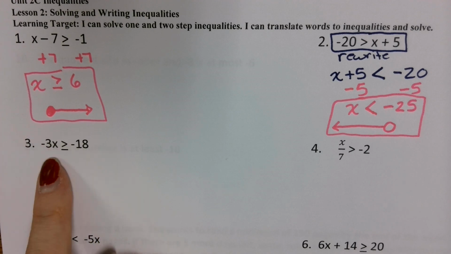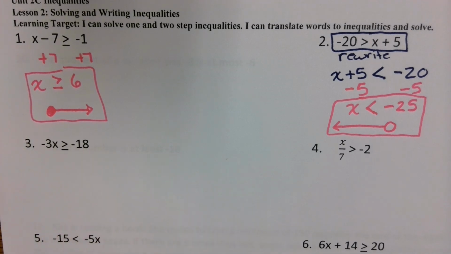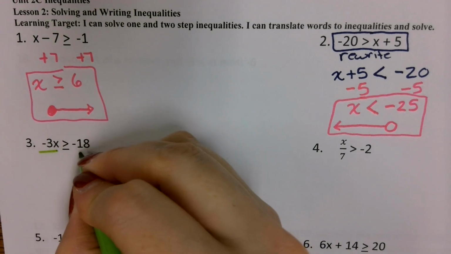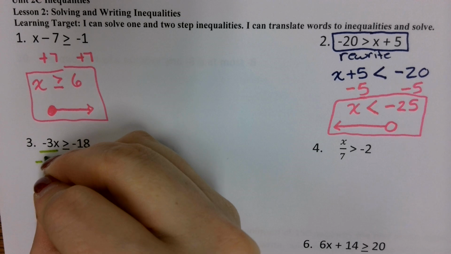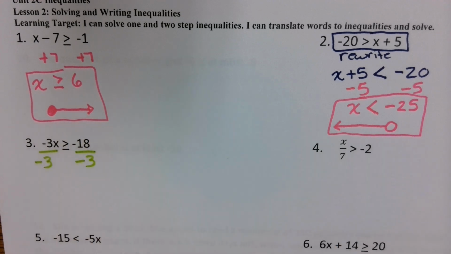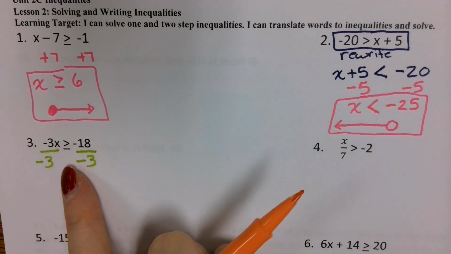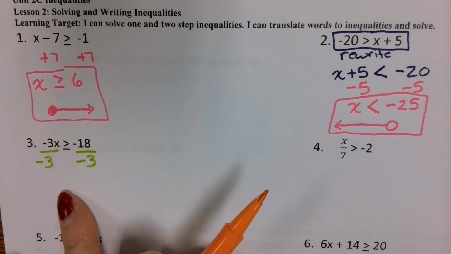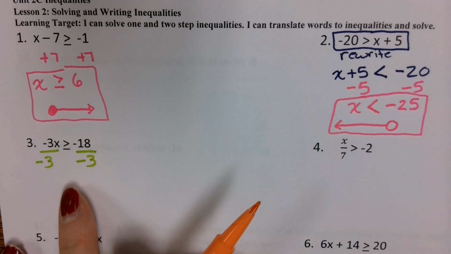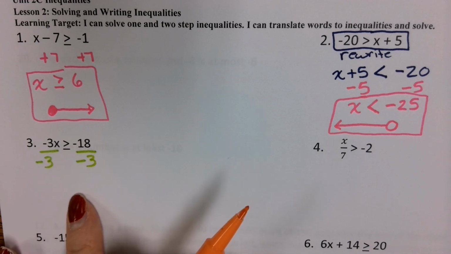Okay? What inverse operation do I need to perform? Division. What am I going to divide both sides by? Negative 3. So here's the thing. I am doing a multiplication or a division. That means I need to ask myself, do I keep or flip the symbol? Flip it.